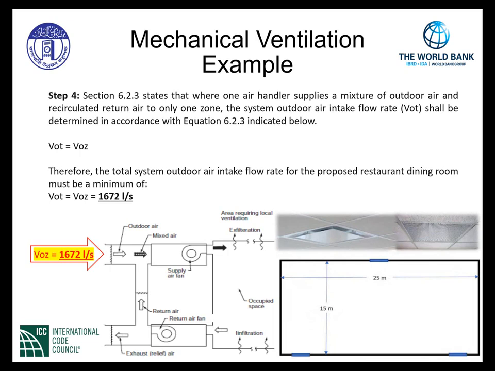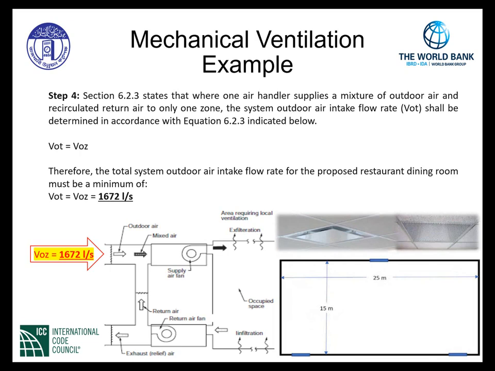Therefore, the total system outdoor air intake flow rate for the proposed restaurant dining room must be a minimum of 1,672 liters per second.